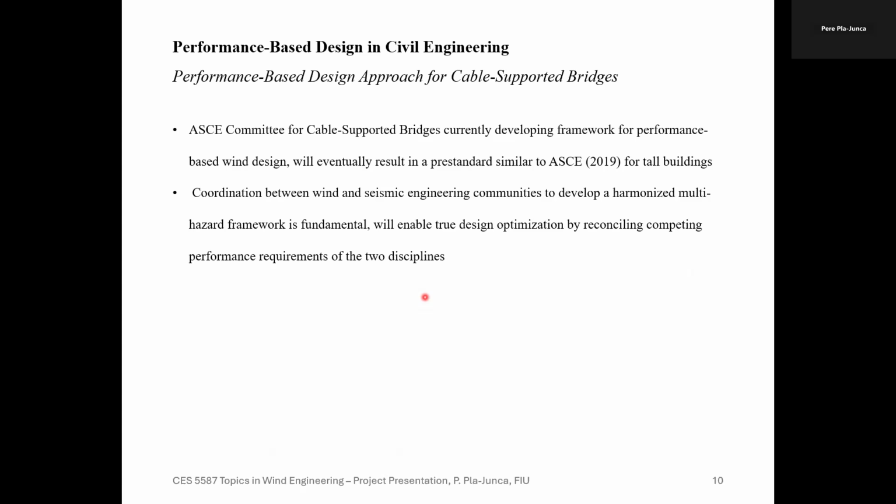This is important because the two hazards have competing performance requirements. On one hand, for seismic performance, you need ductility. On the other hand, for wind performance, you need stiffness. So as you can see, the two are competing performance requirements. Such a common framework will essentially allow for true optimization of structural designs.